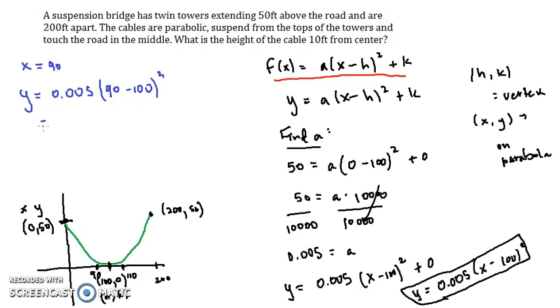You can clean that up a little bit or you can put that in your calculator exactly how it is. I'm going to put it in how it is. And we should get 0.5. So 10 feet from center, our cable is going to be half a foot up from the bottom. So not very much, but it's going to go up quickly as we go to the side.